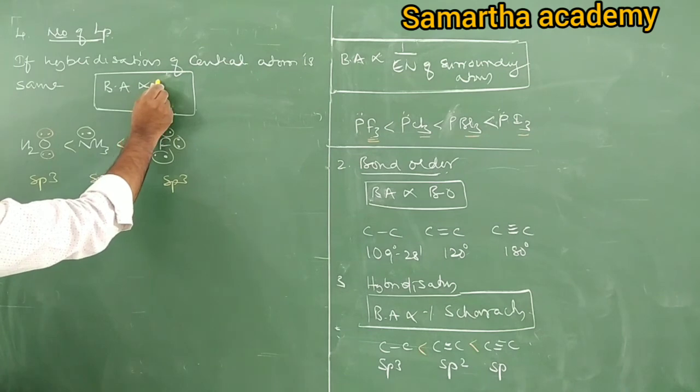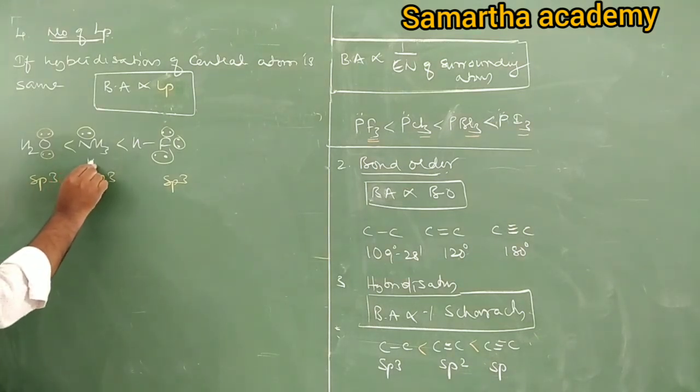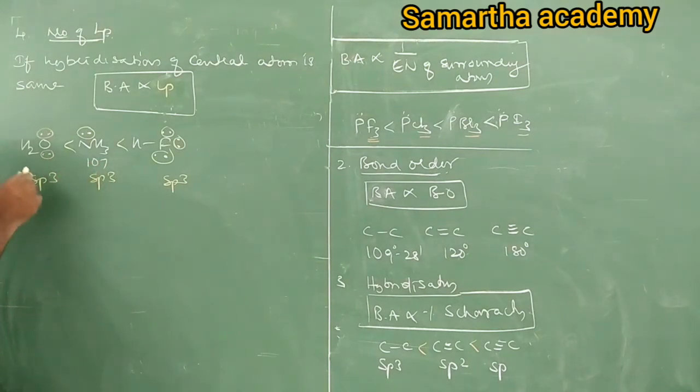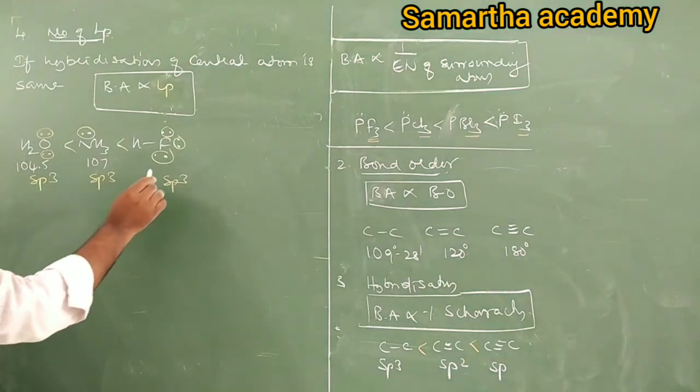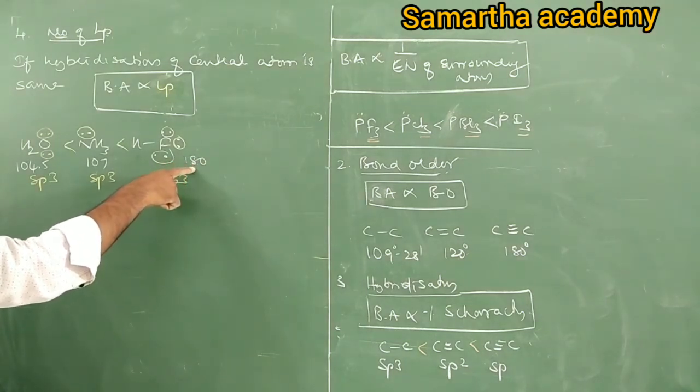In H2O and NH3, H2O is less than NH3. Ammonia is 107, more; H2O is 104.5. Then HF is 180, with 3 lone pairs. More lone pairs, more bond angle.